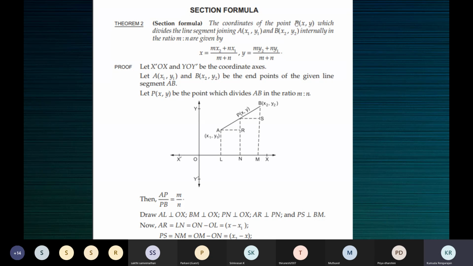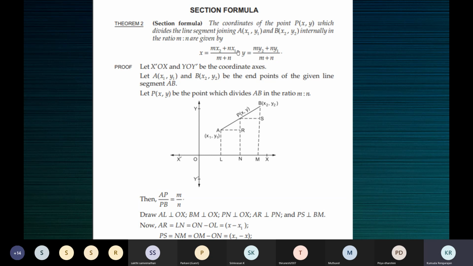You can find the coordinates separately. If you want to find only the x coordinate, you can use this and find only the x coordinate of P. If you want only the y coordinate, you can use this and find only the y coordinate of P. If you want both, then you'll have to use both. The y coordinate of P is given by (my2 plus ny1) by (m plus n).